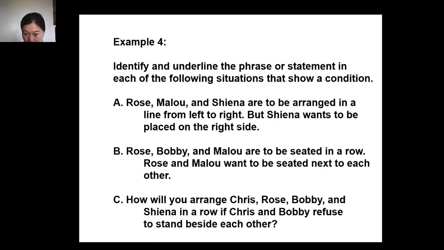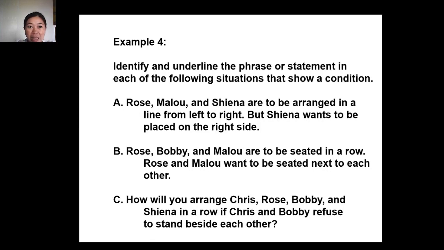So, kung meron tayong apat na tao, si Chris, Rose, Bobby, and Sheena, si Chris at si Bobby nagre-request na hindi sila pagtatabihin. So, that is the given condition, if Chris and Bobby refuse to stand beside each other. Okay, so that is for example number 4.